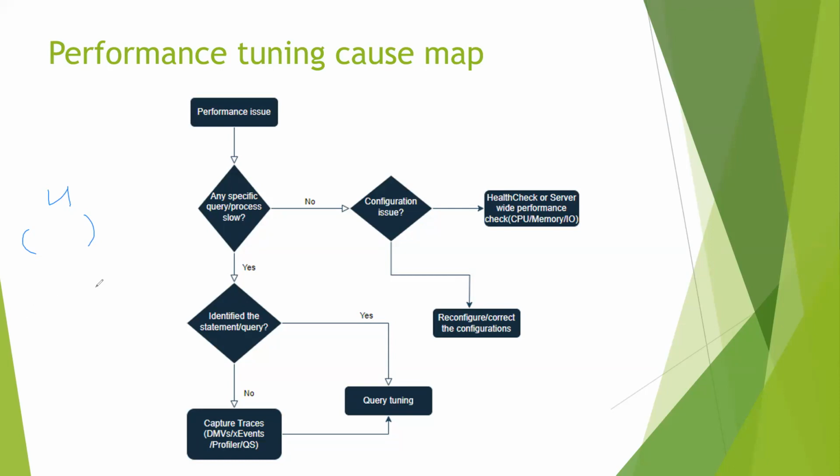Two things: either data is missing or data is not available, and that is not an issue with performance. But second, if you are running a query and it is taking time to get the result set, that is what we call performance. If the data is not available or data is missing, that is a data integrity or data issue, or even a table or query issue.